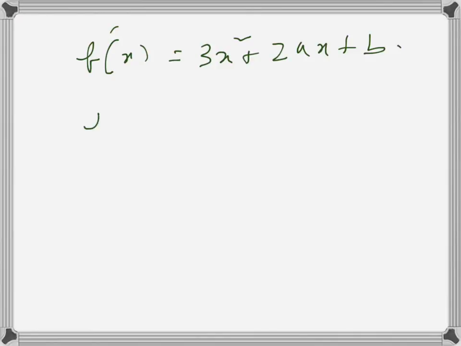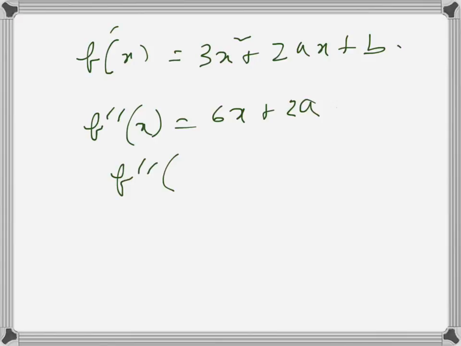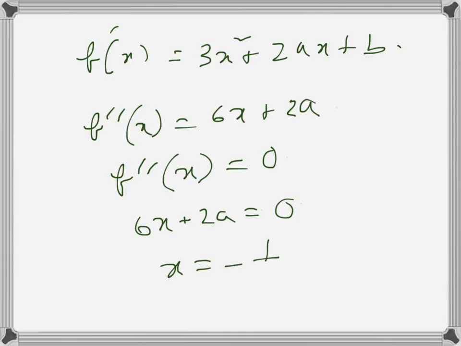So the second derivative will be 6x plus 2a, and at the point of inflection it has to be 0. This is a necessary condition. So 6x plus 2a equals 0, and we get x equal to minus 1/3 a.